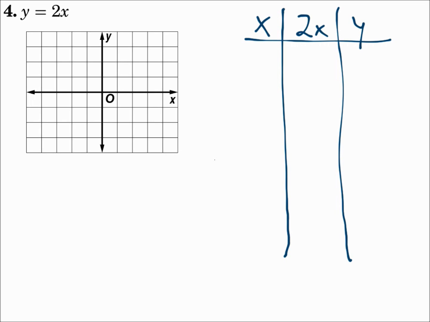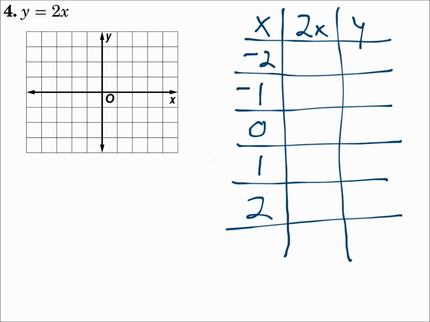Have your x values go from -2 to +2. And then we'll substitute each x value in for the middle column and find out what y equals. For the first row, x is -2, so 2 times -2 is -4.